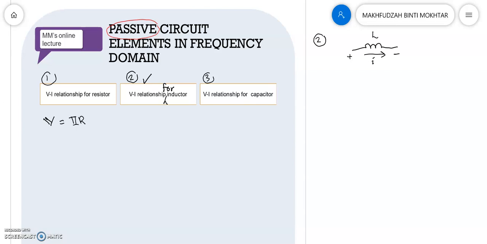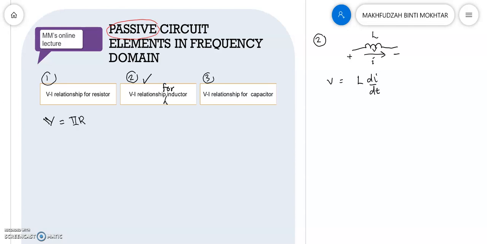Okay, so now we have learned before this that the relationship of the voltage across the inductor is given by L di dt. So you can say that when you have the voltage here, from the positive to negative, then we have V equals L di dt.